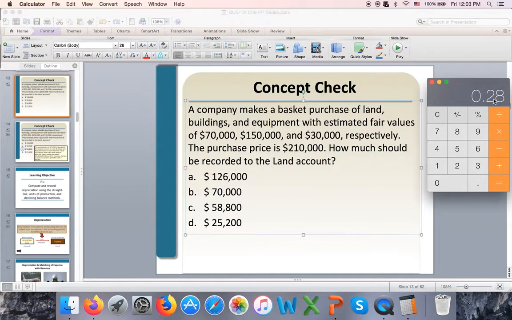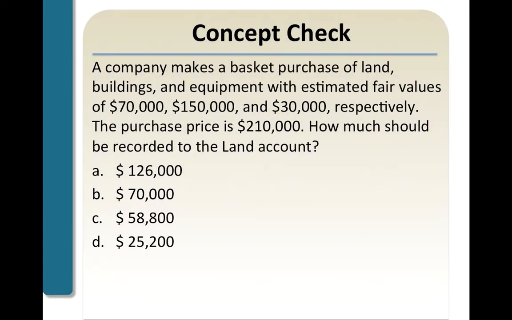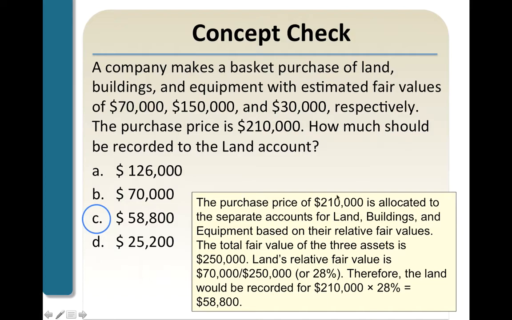So 28%, and then I apply it to purchase price of $210,000, and that will give me the answer, $58,800. That is my journal entry. This is the amount that I will record in the land account. So here is the answer, and again, here is the explanation that I walked you through.